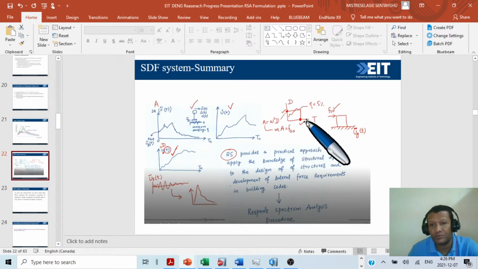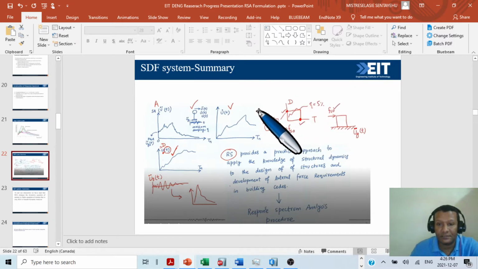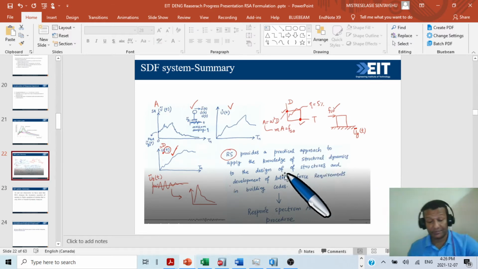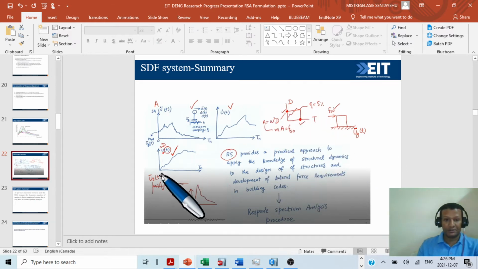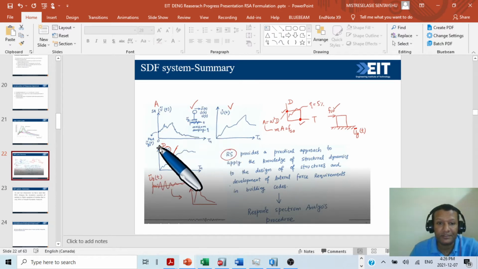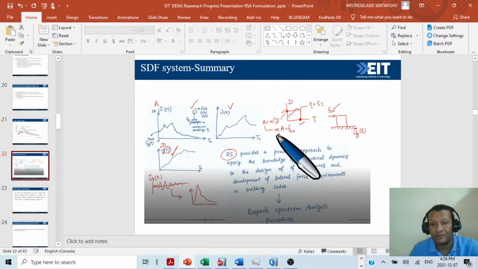Once we have the response spectrum curve for a given damping ratio, and we have D, the displacement response spectrum, then we can change it into the pseudo velocity response spectrum and the pseudo acceleration response spectrum. Once we get A, which is ω²D, we multiply it by m, and it becomes the force, the ELF, equivalent lateral force.